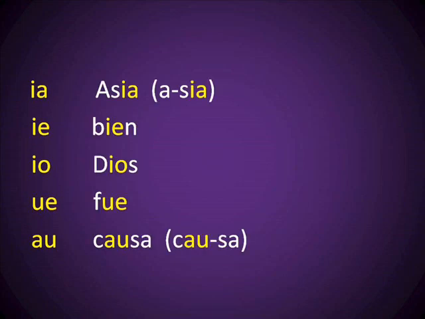Right now, don't worry if you don't know the pronunciation of the consonants or the meaning of these words. Just focus on how I'm pronouncing the vowels. Hacia, hacia. Bien, bien. Dios, Dios. Fue, fue. Causa, causa.